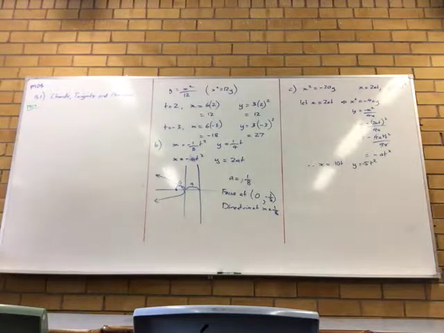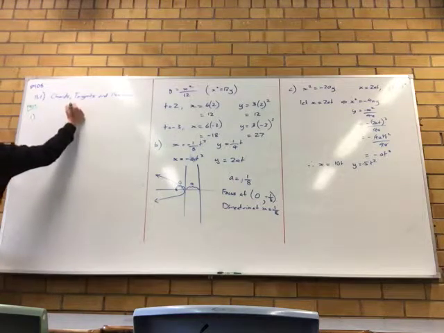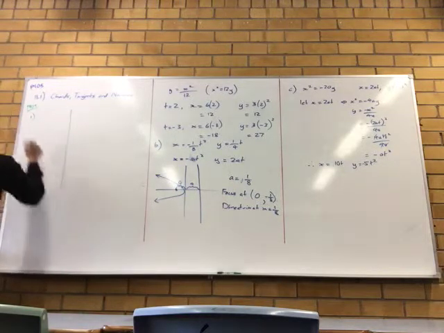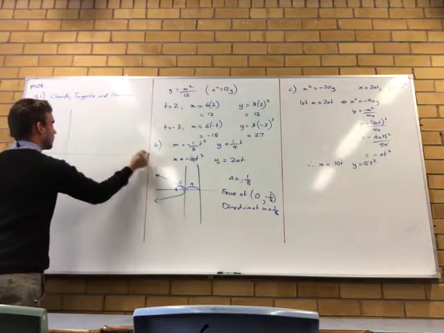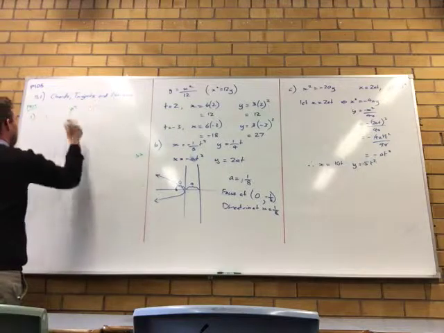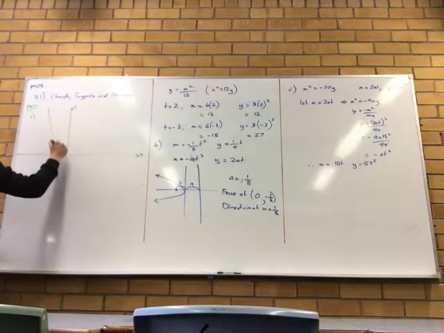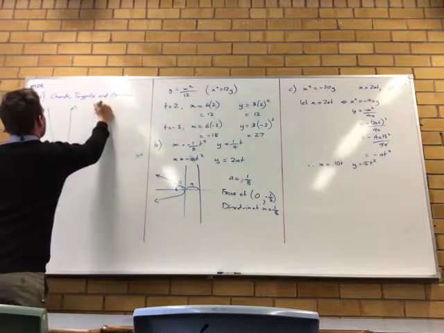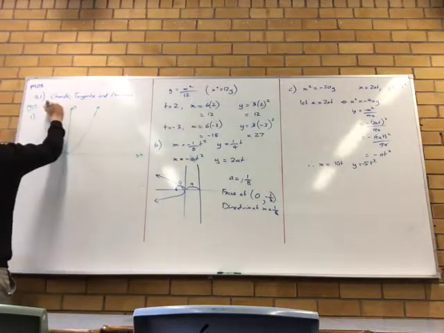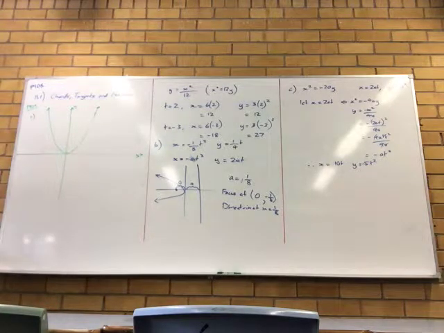Okay, so number 1. We need to consider 2 points, P (2ap, ap squared) and Q (2aq, aq squared). Right, so we've got P and Q represented by their own lowercase parameters.